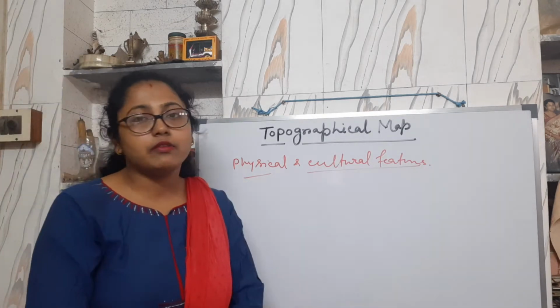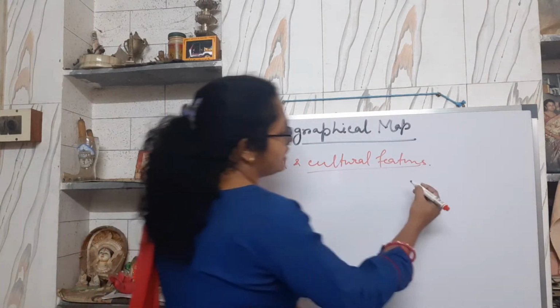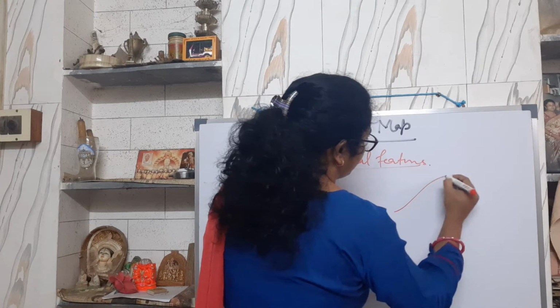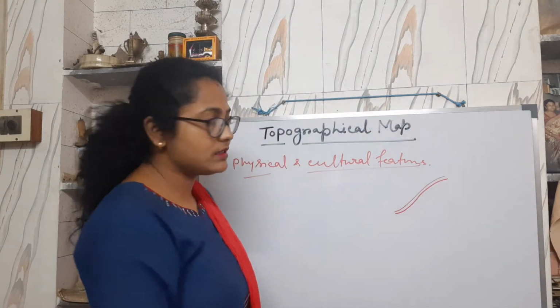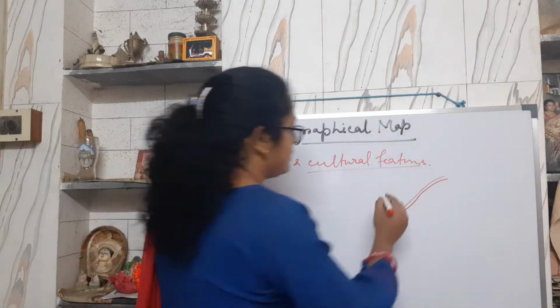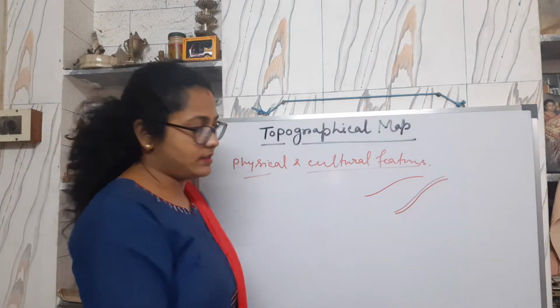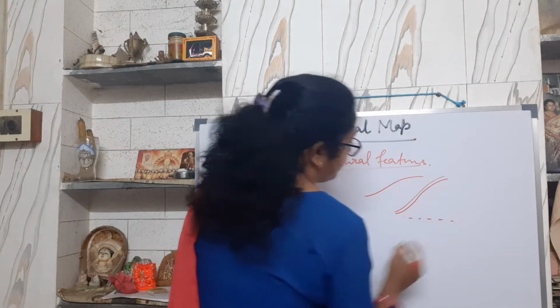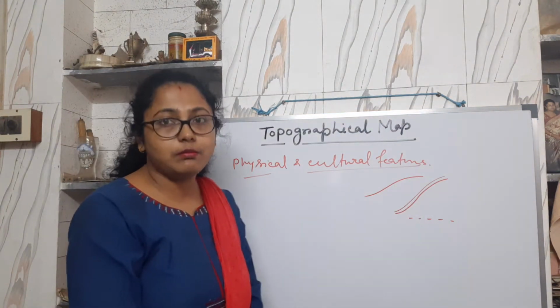Which are the different conventional symbols? I can show a few like this. Red color, double red lines, show the metalled road. Then one single red line shows the cart tracks. Then dash lines show the pack tracks.